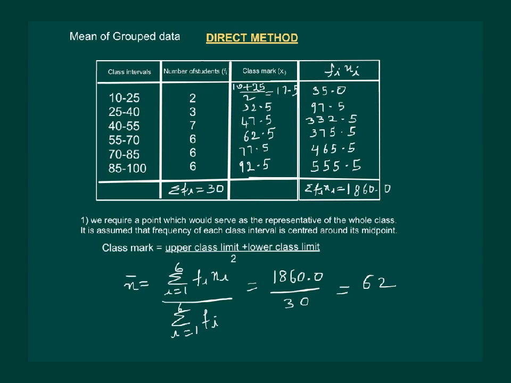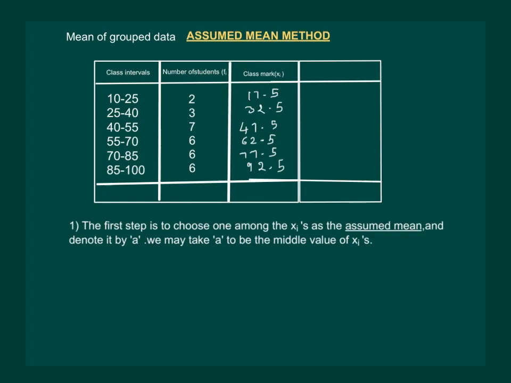Sometimes when the numerical value of xi and fi are large, then in the assumed mean method of finding mean of group data, we first find class mark, that is xi. Then the first step is to choose one among these xi's as the assumed mean and denoted by small a.